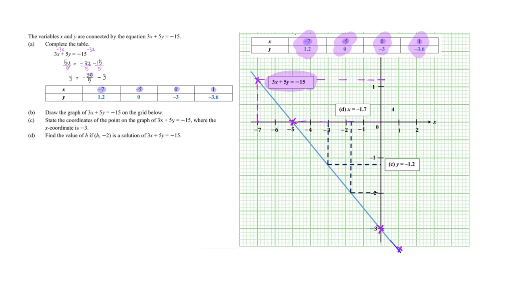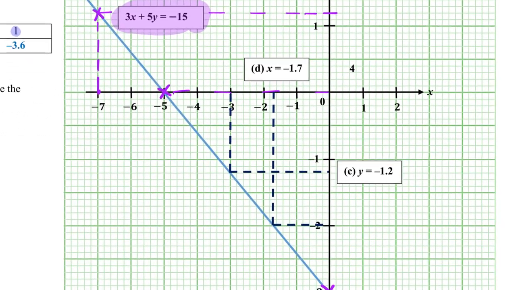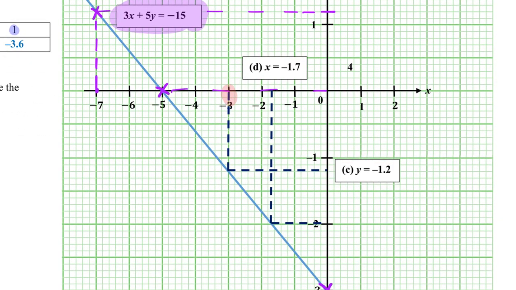Part C, where they inform us that the x coordinate is negative 3. What are the coordinates of the point? Now that I know my x, what is the corresponding y coordinate? So going back to the question, x is negative 3 is here. So I draw a dotted line onto the graph.